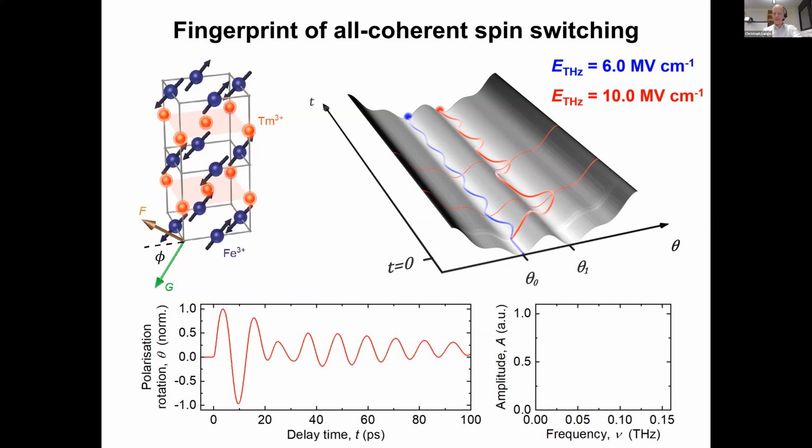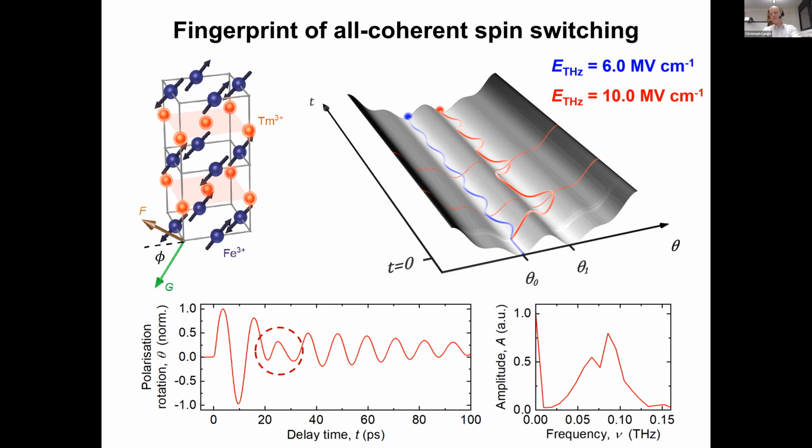So if we just calculate the Faraday rotation that comes from these two spins and superimpose it, we obtain a time domain signal of the transient magnetization that, at least qualitatively, already looks like what we had in the experiment. We had this initial swing, we have this phase slip signature, and then the coherent feature. And accordingly, in the spectrum, we also get an equivalent signature.